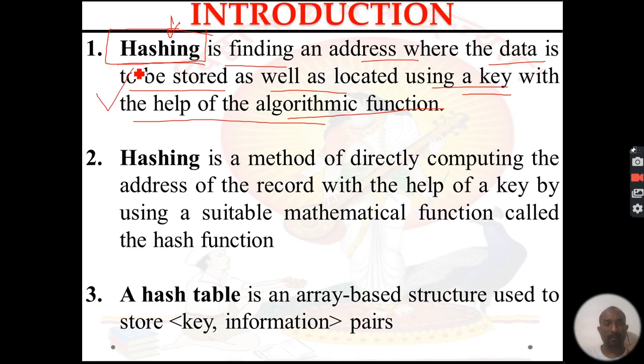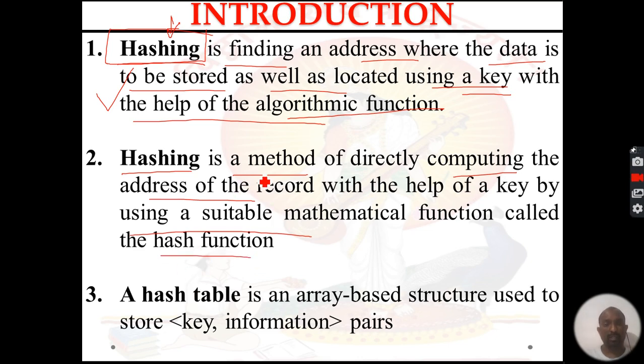Second point, hashing is a method of directly computing the address of the record with the help of a key by using a suitable mathematical function. It is called a hash function. As I told you, to store the data into the table we need a hash value, and to calculate the hash value we need a hash function.